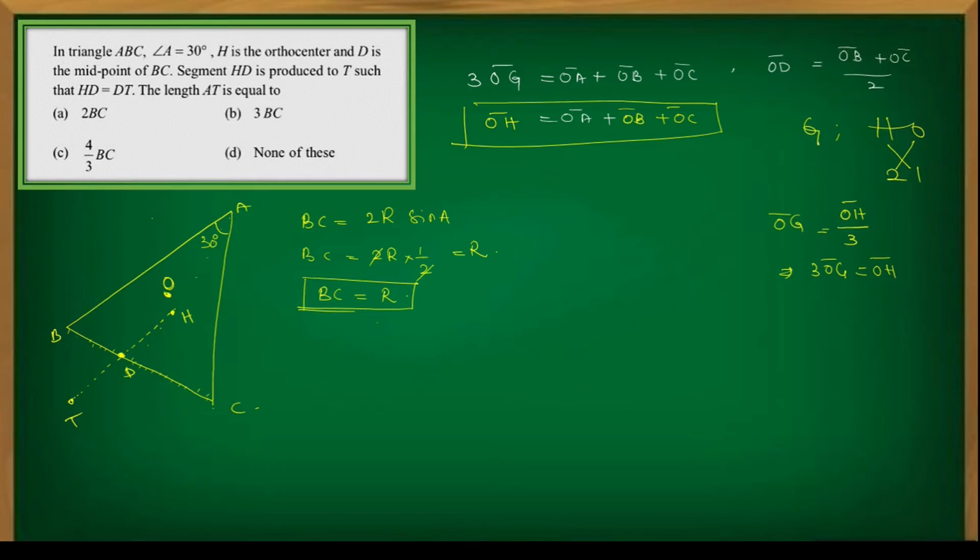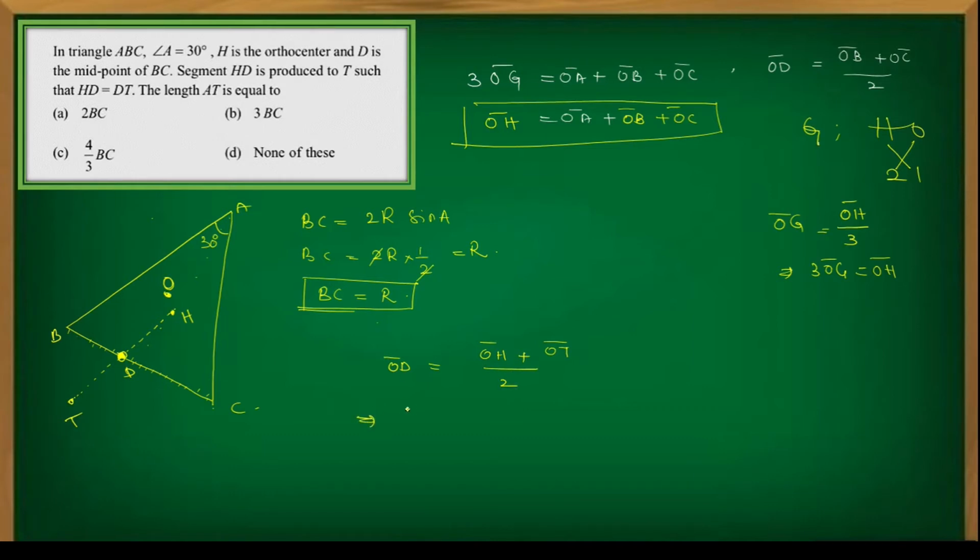Next, we got OH. We want AT. What is AT actually? AT is OT minus OA. We don't know OT yet, so we'll find OT first. Now D is the midpoint of TH. Can we use that? D is the midpoint of TH means OD is equal to (OH plus OT) by 2.